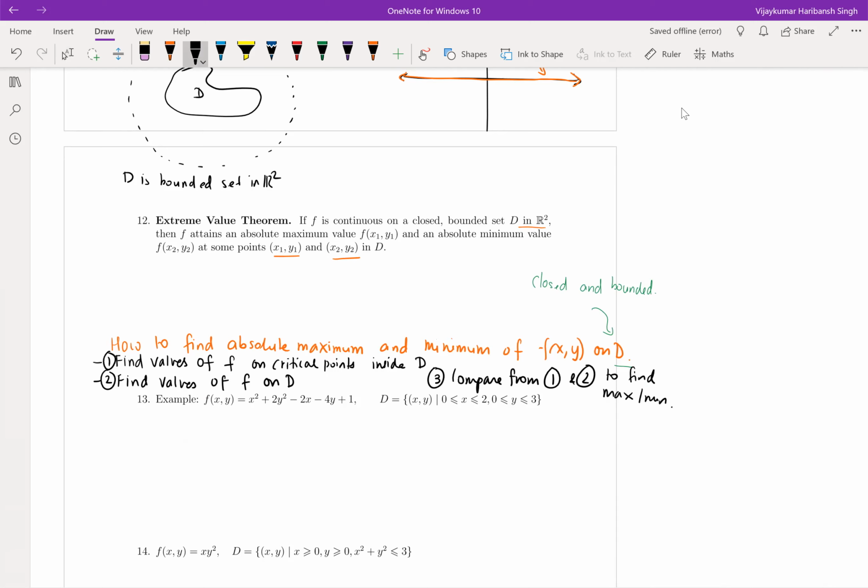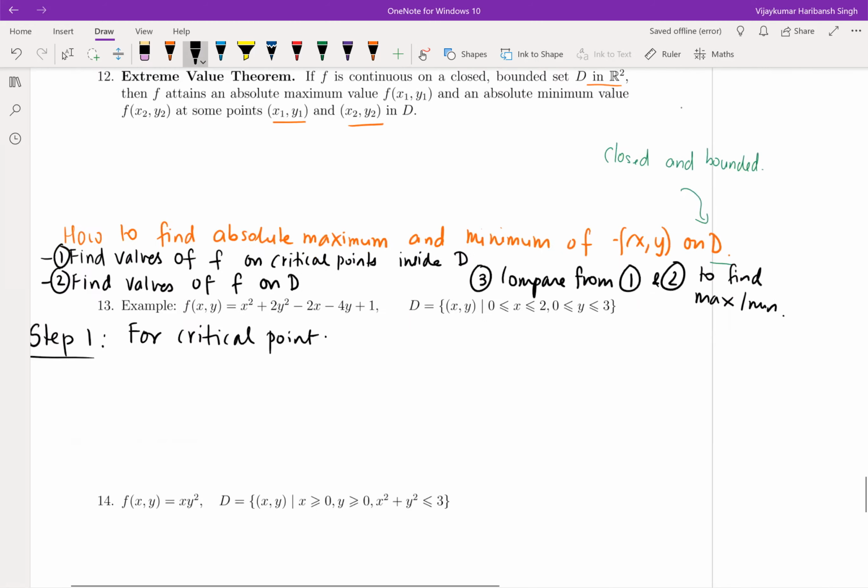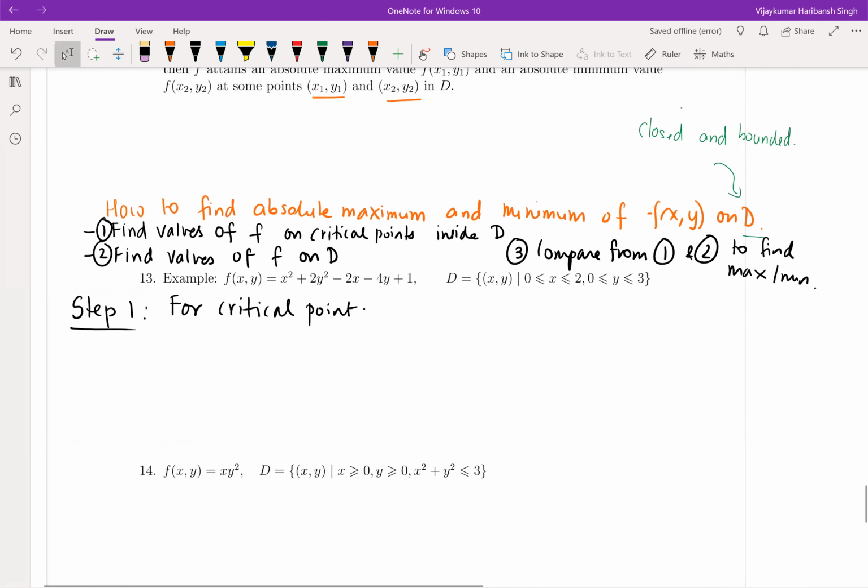Step 1, find critical points. So let's compute the critical points of this function.